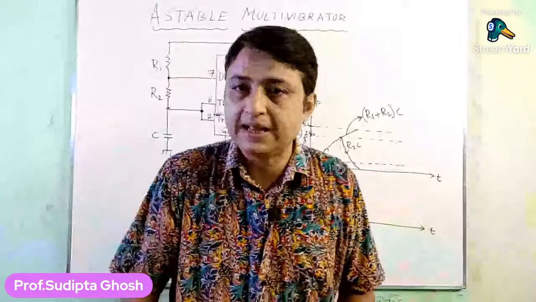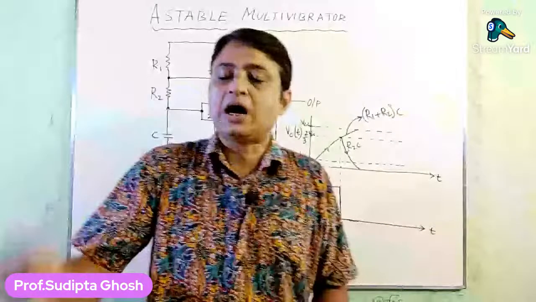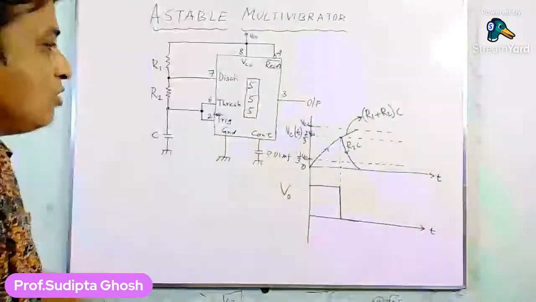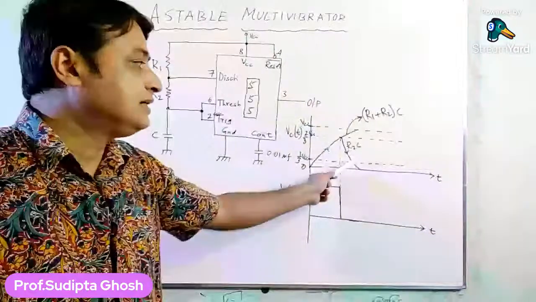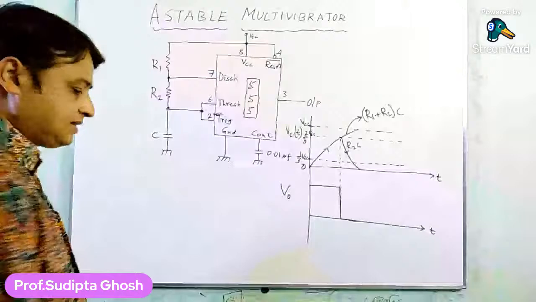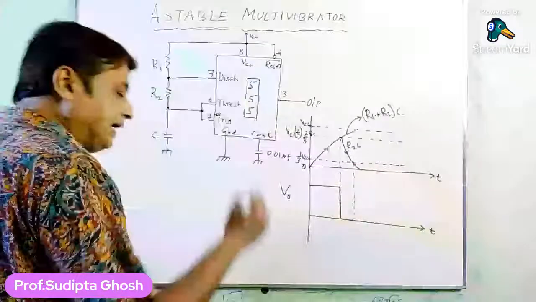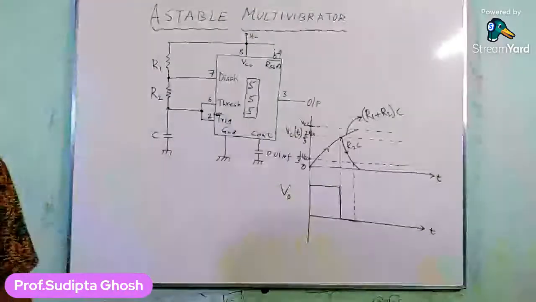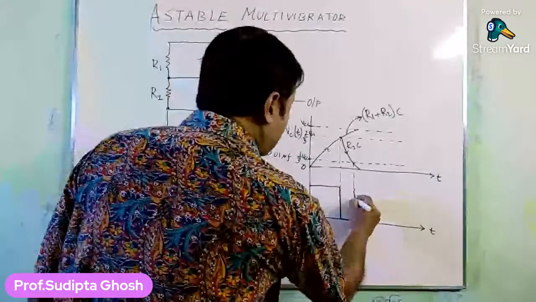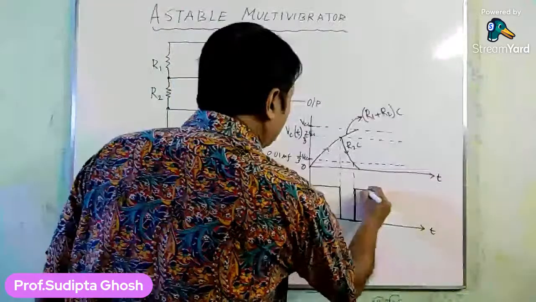That means Q bar is low, and after the output buffer, the output will be high. So again, when the capacitor touches the value of 1/3 VCC, I have marked here, the output of the comparator goes high.